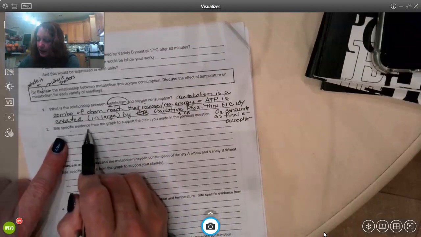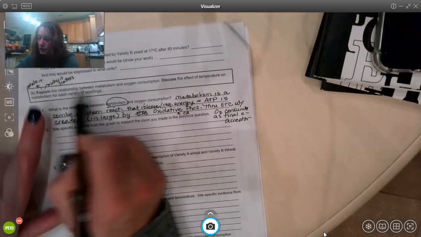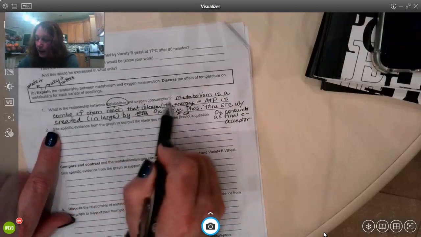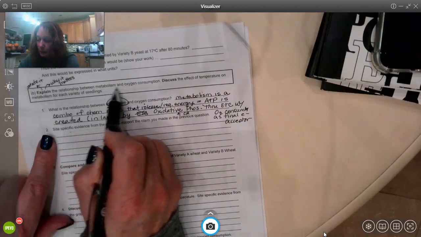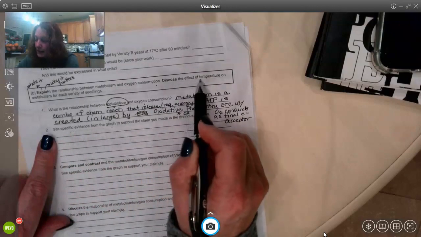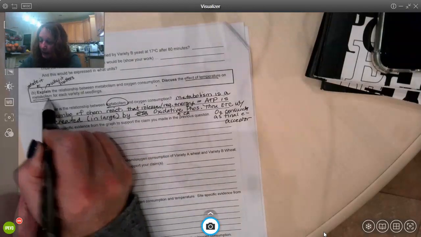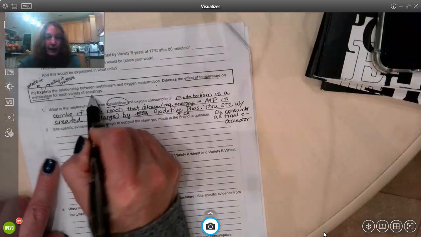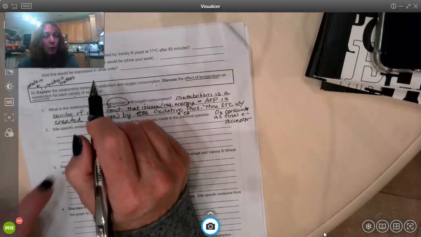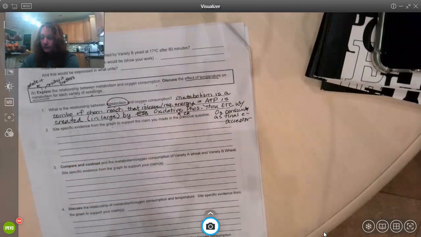Cite specific evidence from the graph. So let's go back up here. What's the relationship between? We basically were here. Discuss the effect of temperature on metabolism for each variety of seedlings. Do not go off the rails here. Always remember what we said.